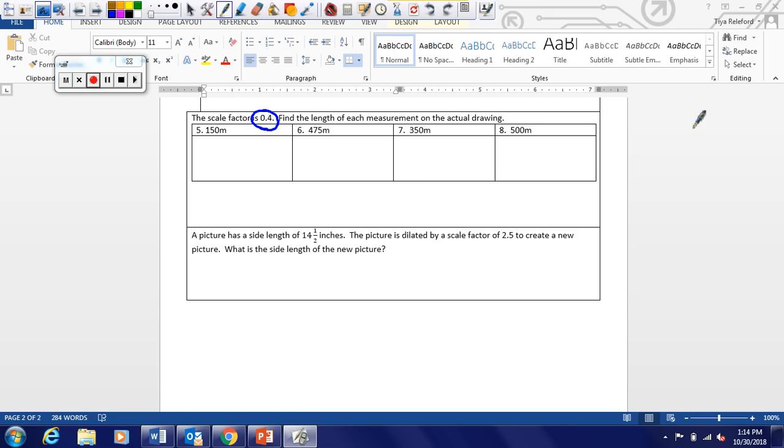We're just going to multiply 150 times 0.4. And then you have 475 times 0.4.